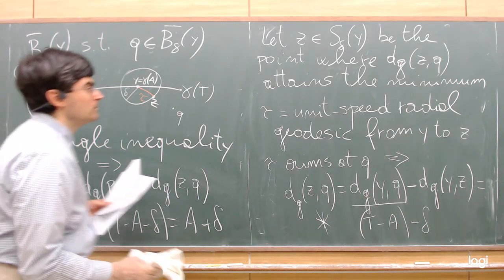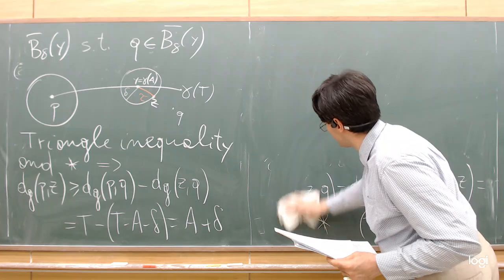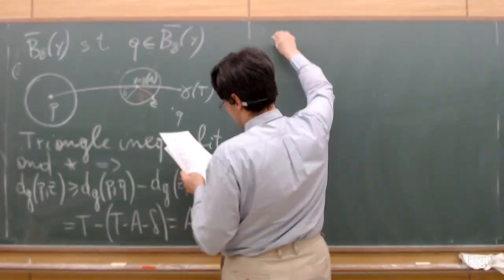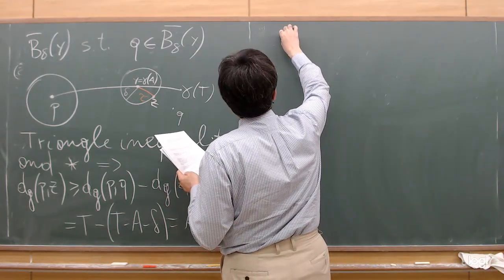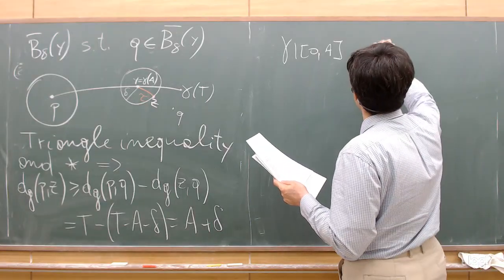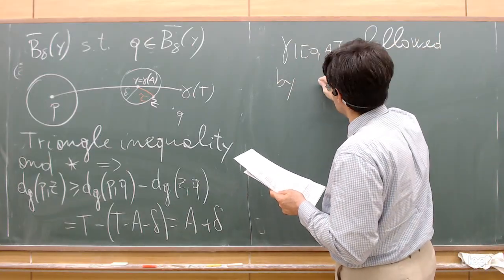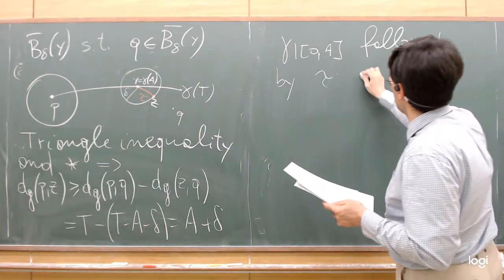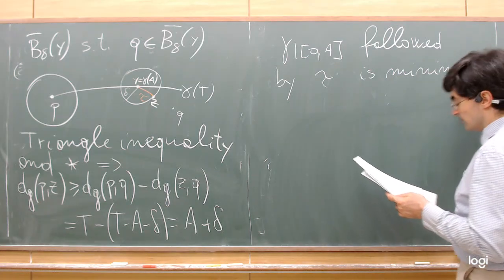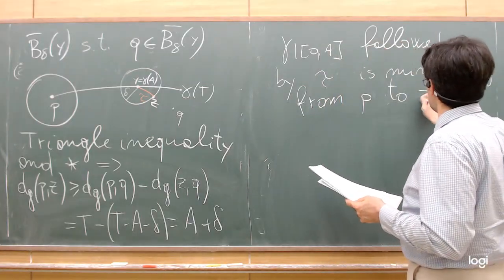We have almost finished it. Now, the curve that you get considering this one followed by tau is minimizing from P to Z.